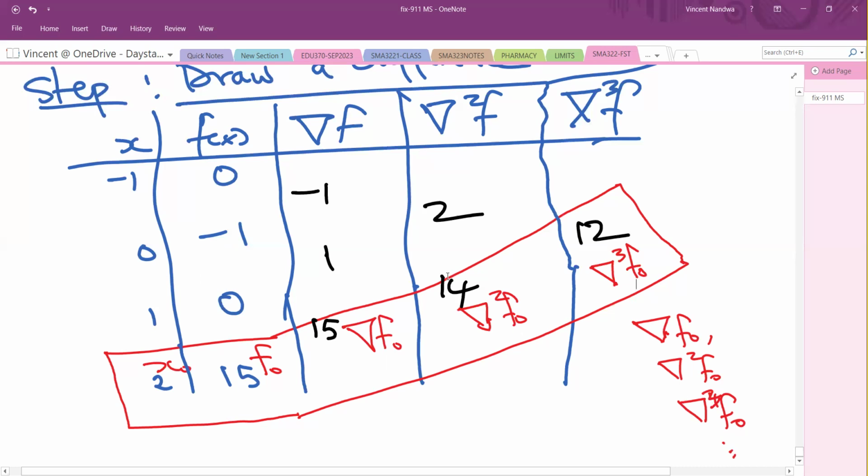So, assuming I was not on a Newton backward interpolation formula, what number will define backward of f naught? If I was not in the formula, but I was to interpret the value of backward of f naught, it will be which number? Remember, in the most general case, your x naught should be -1 and f naught will be 0.